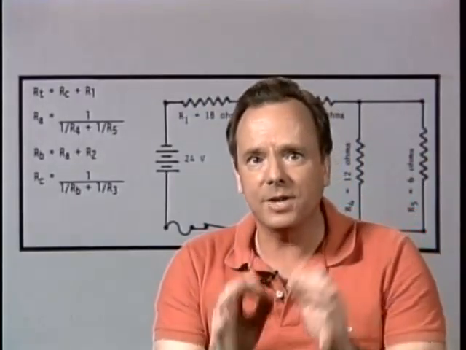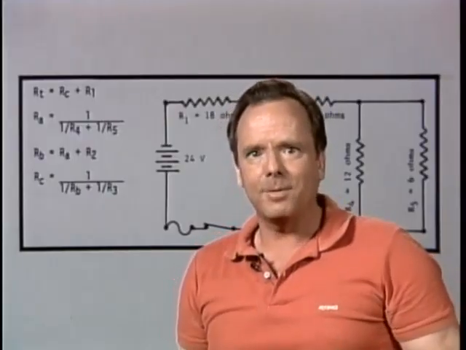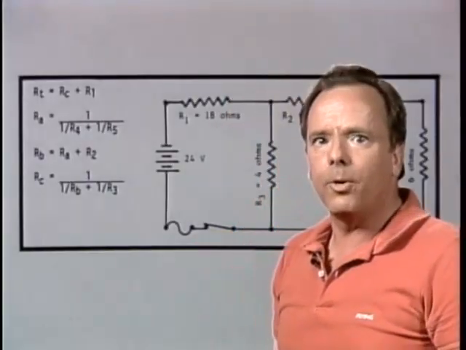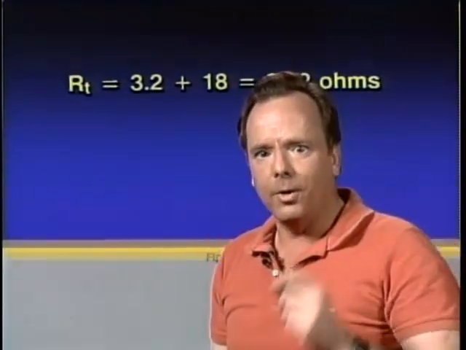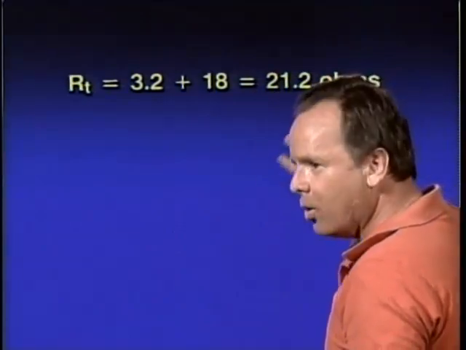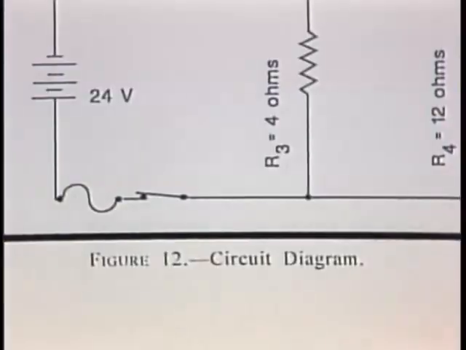So all we have to do is add them together because they're series circuits. So let's take a look at the mathematics for adding those two together. And when you do that, you get 3.2 plus 18, and you get 21.2 ohms.